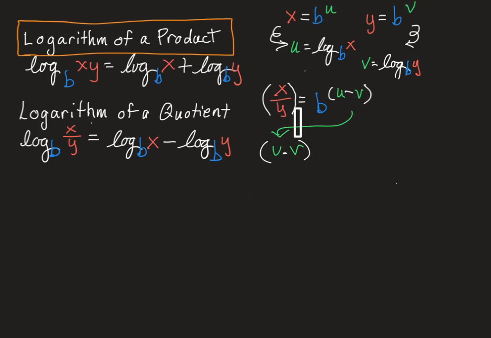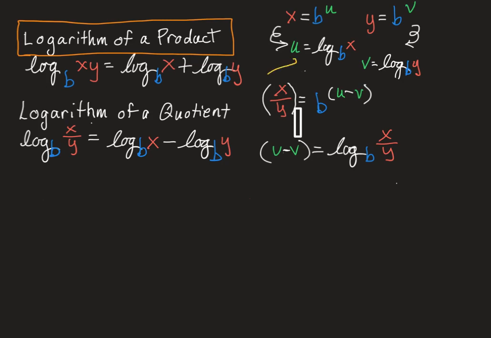The exponent is what the whole log is equal to. So that is equal to the log, the base is b, and the argument is x over y. However, it still doesn't look like the property over there, the logarithm of a quotient. We have to do another couple of substitutions here.